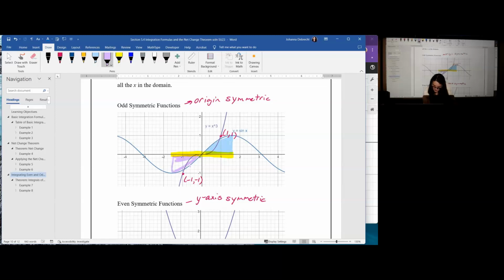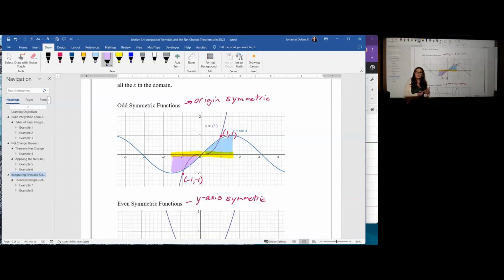When I think about those two areas on an odd symmetric graph, notice what's happened. I have the same amount of area above as I have below, which means my net area is 0. If you integrate an odd symmetric function on a symmetric interval containing the origin, you get 0 net area.